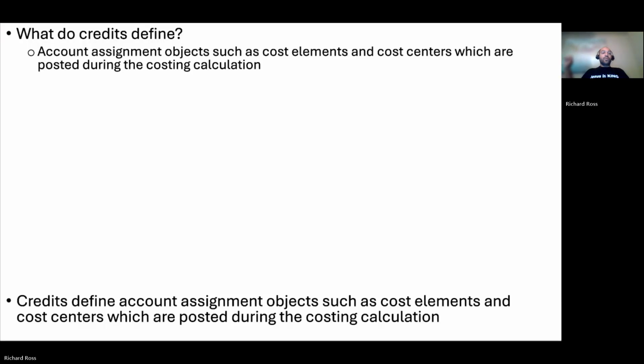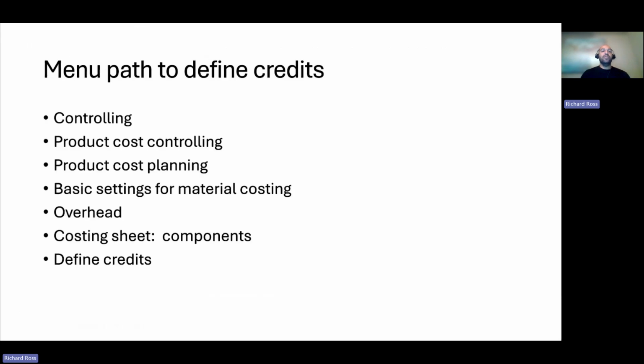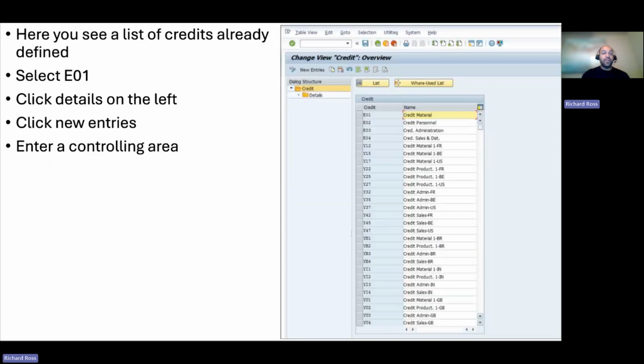Credits. What do credits define? Account assignment objects such as cost elements and cost centers, which are posted during the costing calculation. Let's define credits. Menu path to define credits. Here, you see a list of credits already defined. Select EO1. Click Details on the left.